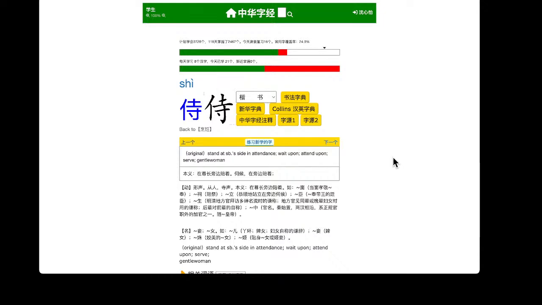Okay, and so this is called 是. So there's like 侍女, 侍臣. 侍臣 means the government officials in the imperial court, that you accompany the emperor to serve them. Okay, so this is 是.